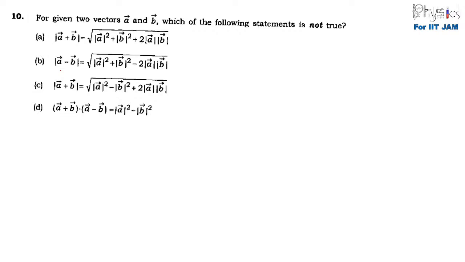Option B is mod of a vector minus b vector equal root over mod of a vector square plus mod of b vector square minus 2 mod of a vector times mod of b vector. Option C, mod of a vector plus b vector equal root over mod of a vector square minus mod of b vector square plus 2 mod of a vector times mod of b vector. And D is a vector plus b vector dot a vector minus b vector equal mod of a vector square minus mod of b vector square.